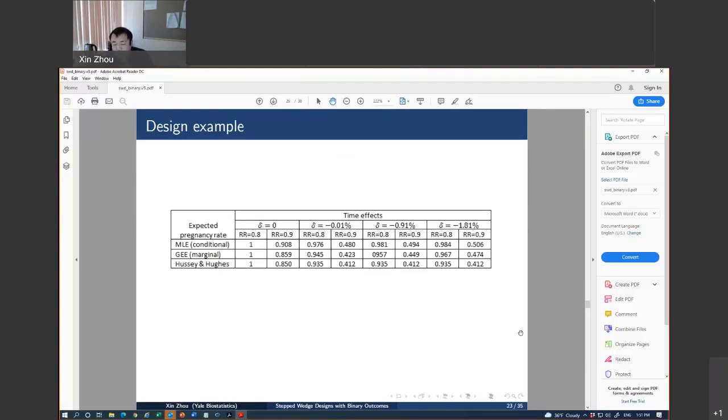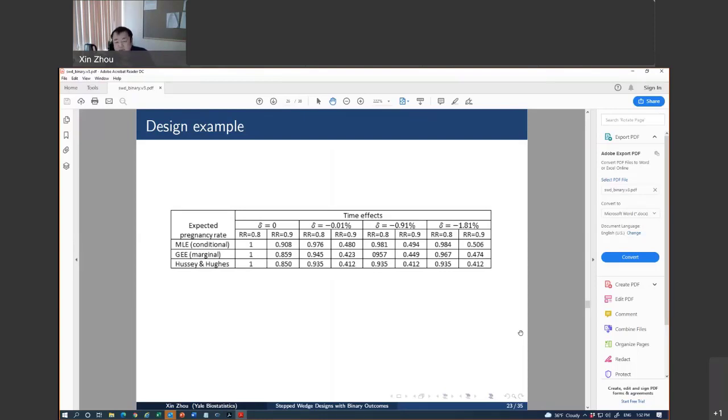But caution is needed for the case without time effects, since the time period is highly correlated with the intervention. That means a higher probability to receive the intervention at later periods. So time is a potential confounder when there do exist time effects.